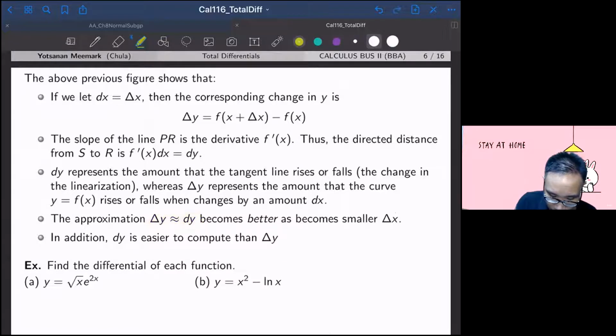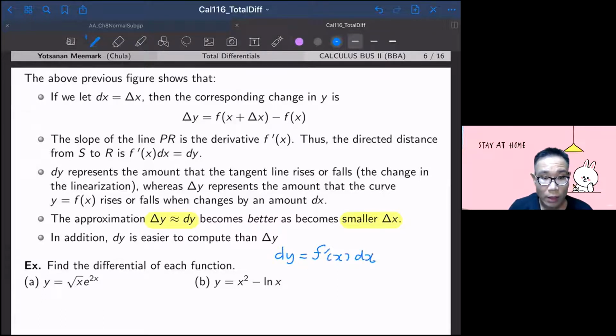So we're going to use the concept of the differential, which is just dy equal to f prime x dx, in order to obtain the approximation of the value of the function at the desired point. I'm going to explain the concept more in the next example.